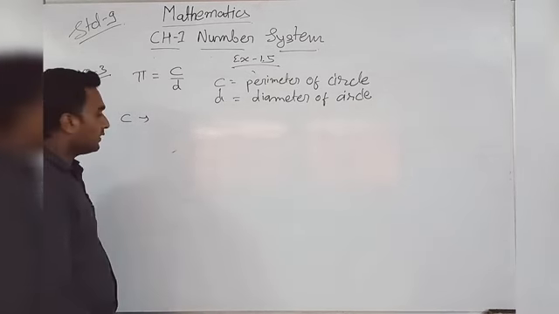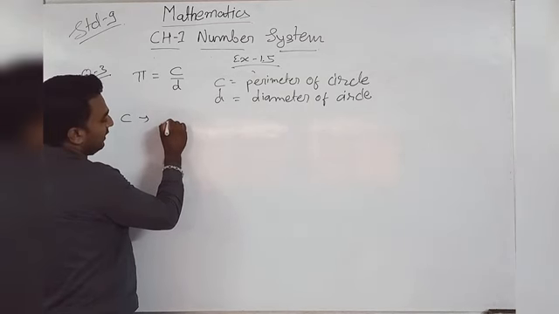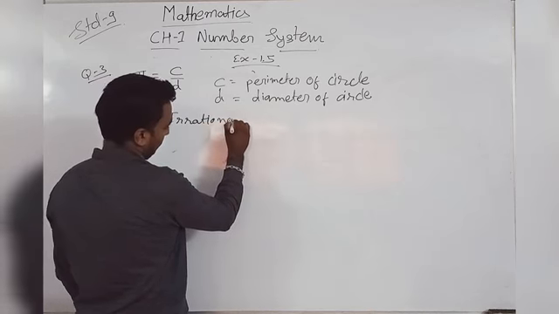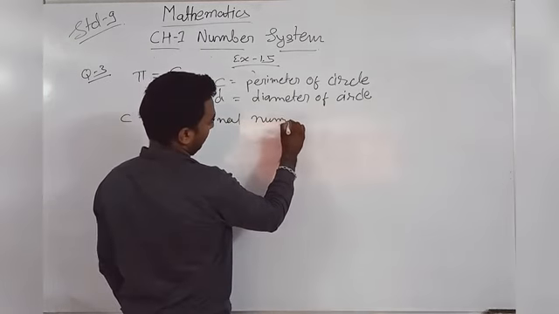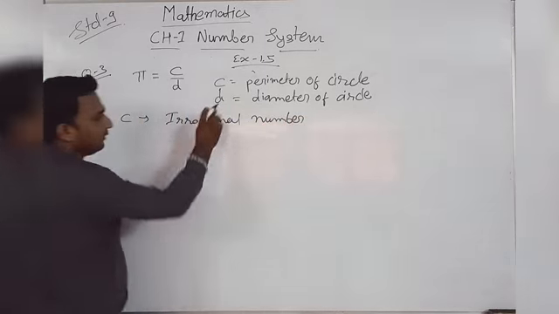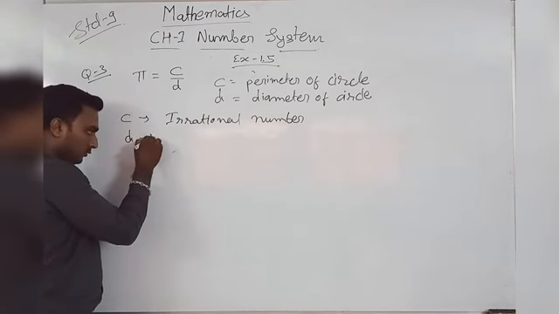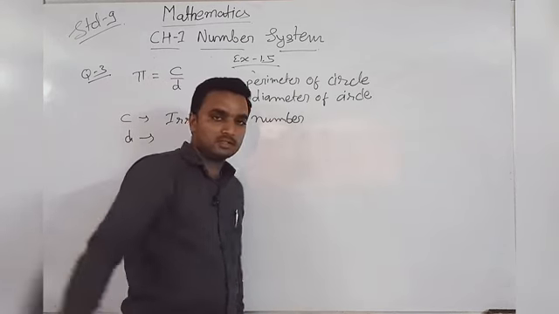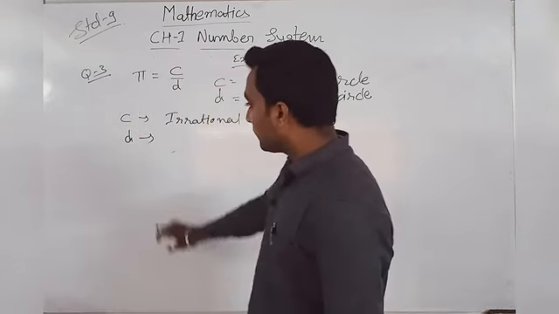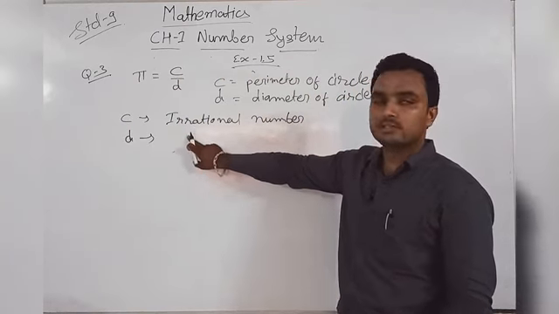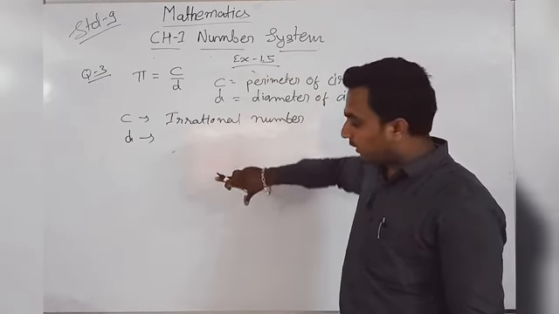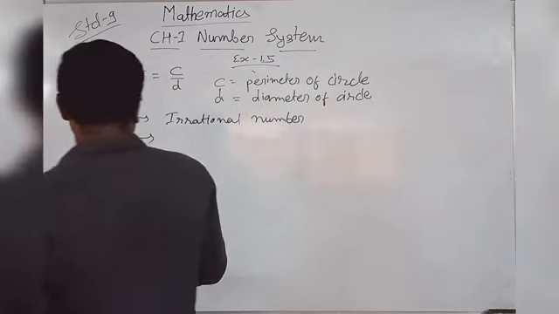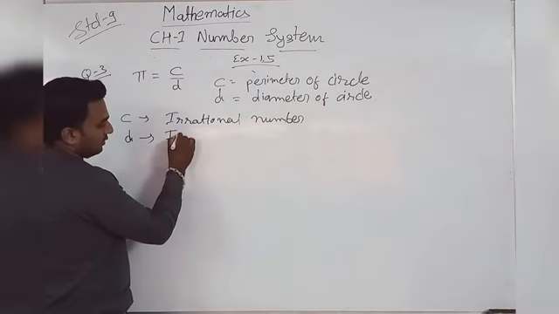Clear? Then again, if we measure the diameter, we have to measure it with a scale or other things. So it is also an irrational number. Why? Because we cannot measure exactly the distance of that particular diameter.